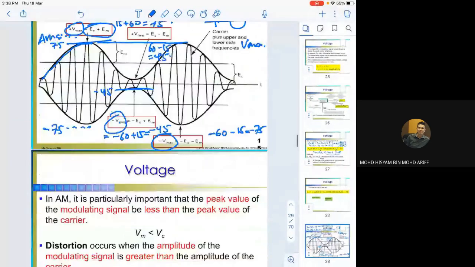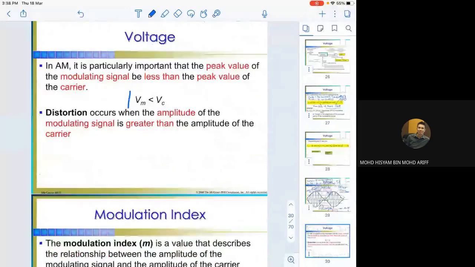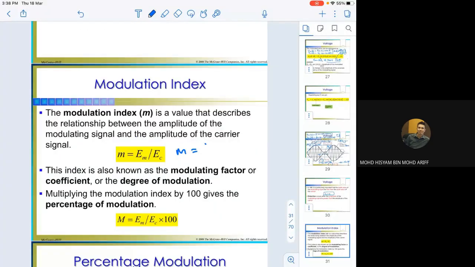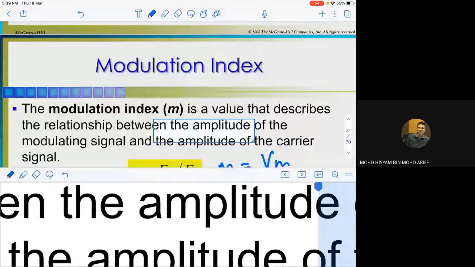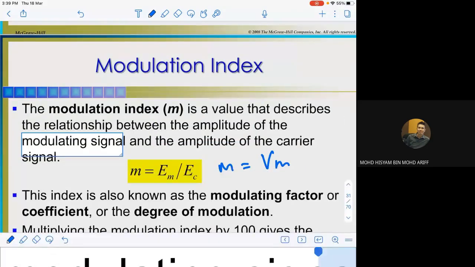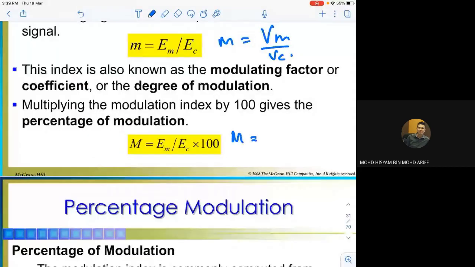Now, as I mentioned before, Vm is less than Vc. Modulation index is Vm over Vc, monkey on the car. Percentage of modulation is M equals Vm over Vc times 100%. I recap what we already studied.